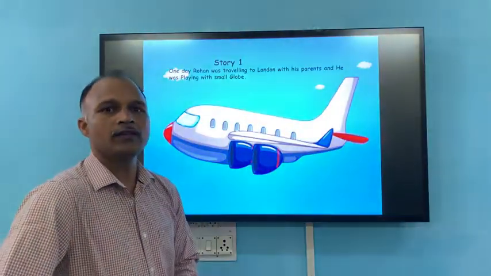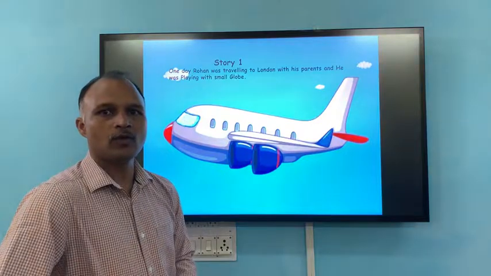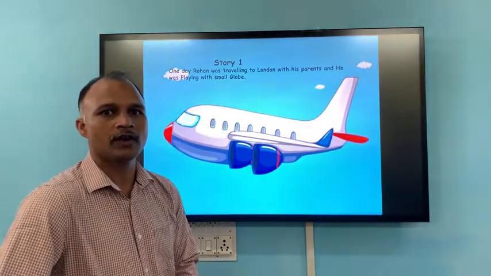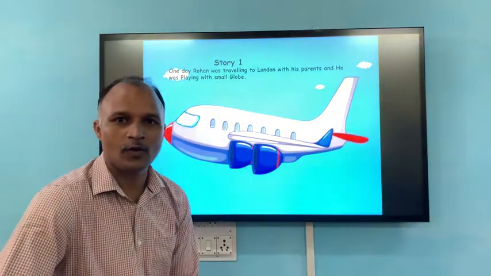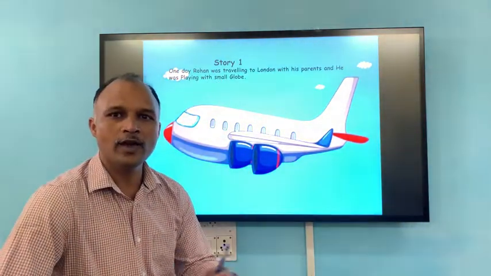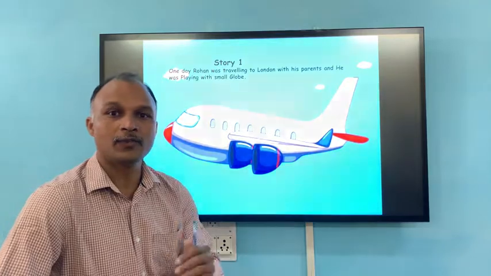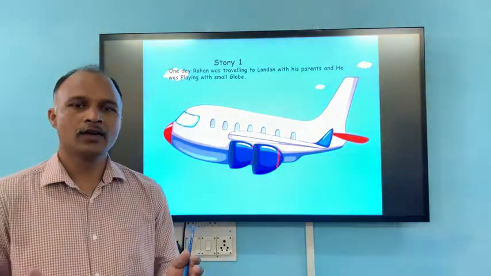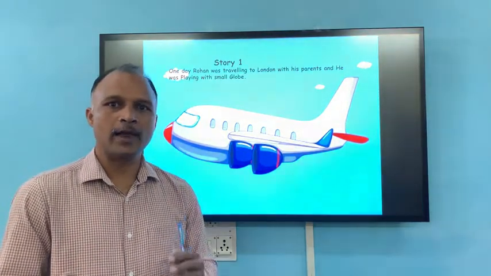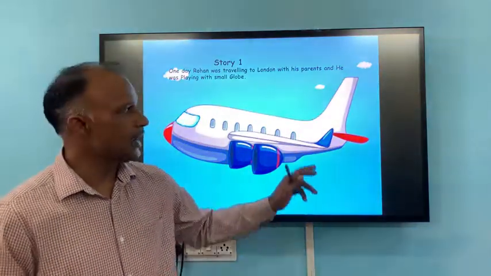My story is based on latitudes and longitudes, and in this story my hero is Mr. Rohan, who is going to London with his parents, and in the flight he was playing with a globe.